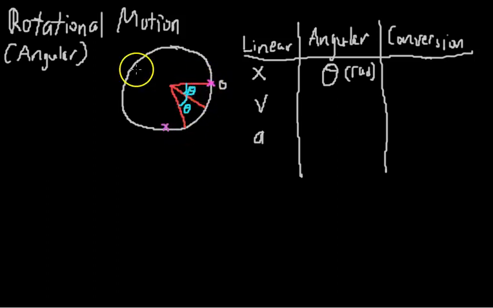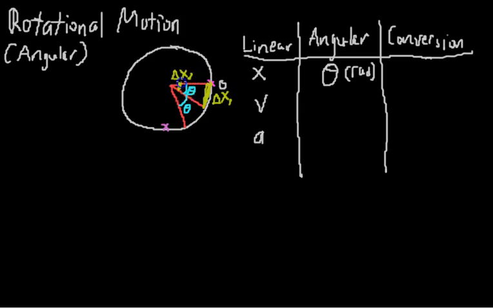This point travels from here to there, right? So I have a delta x. In this case, it traveled from there to there. On the other hand, if I go much further in, and we go from here to there, that's a very different delta x, right? So I have delta x1 and delta x2.